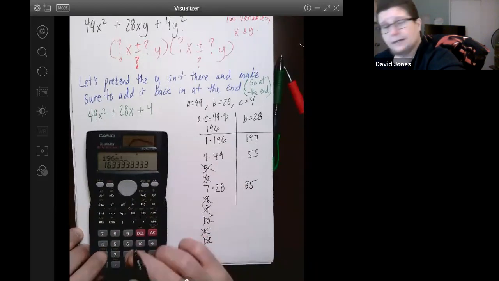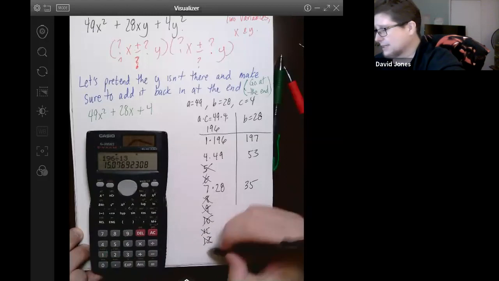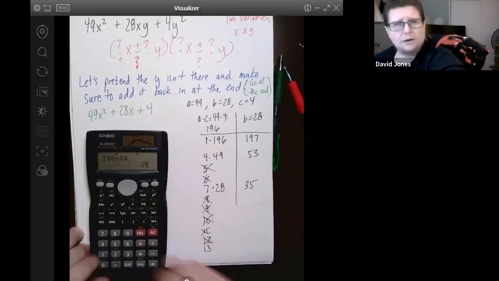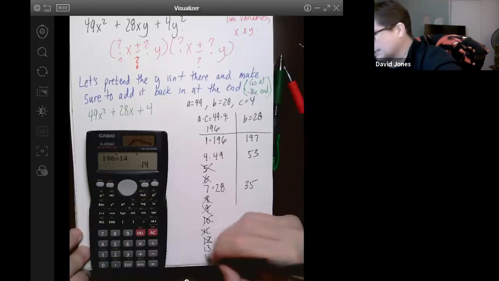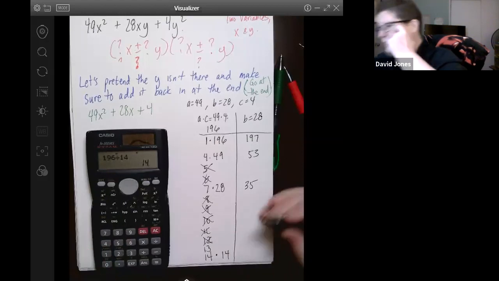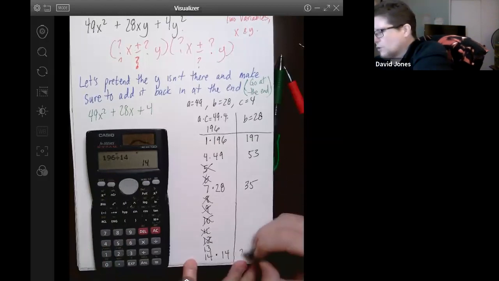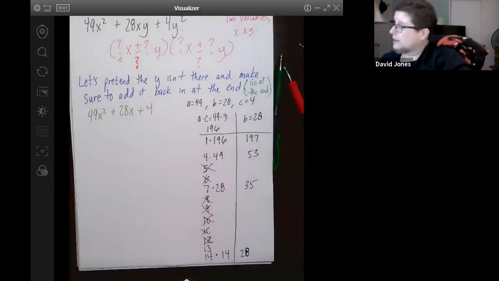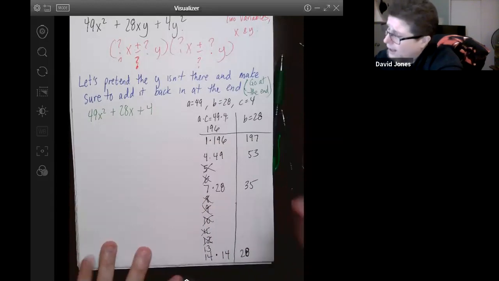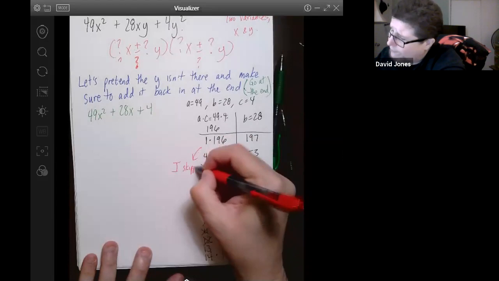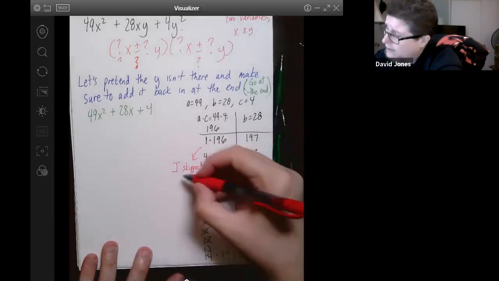Check 13. 13's a decimal, it's out. Check 14. 196 divided by 14 is 14. So 14 times 14 is a factorization of 196. Those add up to 28, and that's what we're looking for. I skipped 2 and 3 because I was far away from B.